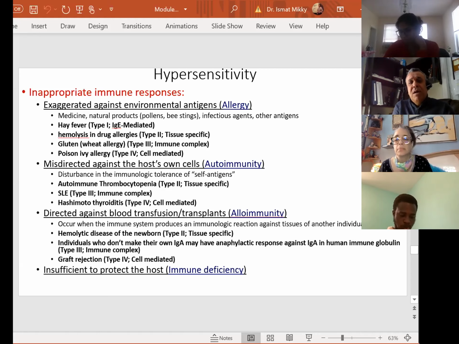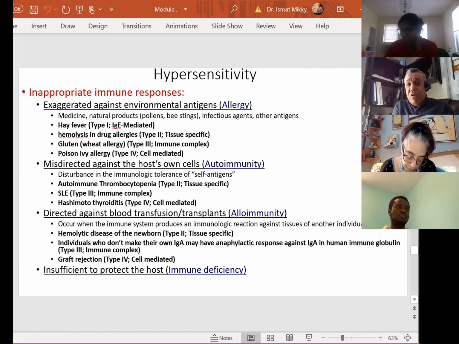The patient would be on lifelong immunosuppressive medications, sometimes two or three or even four meds taken every day, lifelong. This is induced, intended to suppress the immune system so it won't reject the transplanted organ. So that is insufficient to protect the host. That's immunodeficiency.